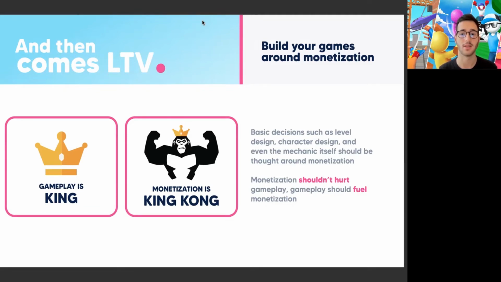What we mean by that is that gameplay is very important, but monetization is even more important. So don't focus on those metrics that simply look at gameplay potential, like retention and playtime. As I was saying, they're very important, and they're a very clear indication of the playability and the general enjoyment that people get from your game.